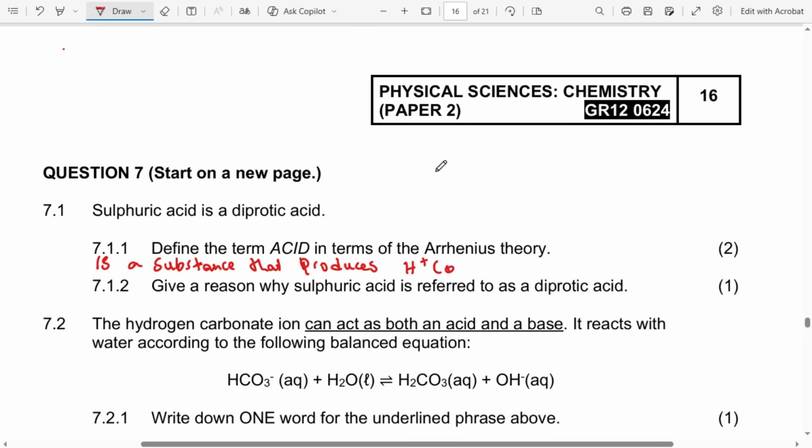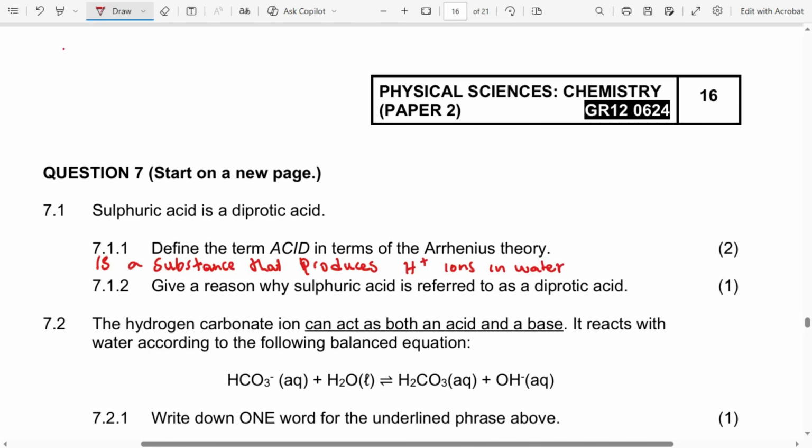When we say produces, it is the same as saying it increases the concentration of the H plus ions in water. That's the definition according to Arrhenius theory.